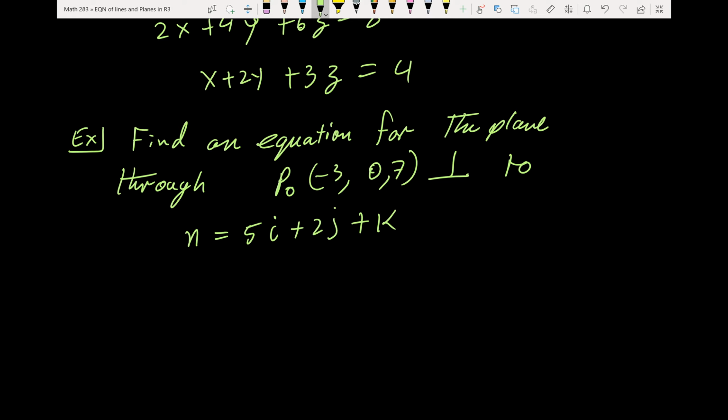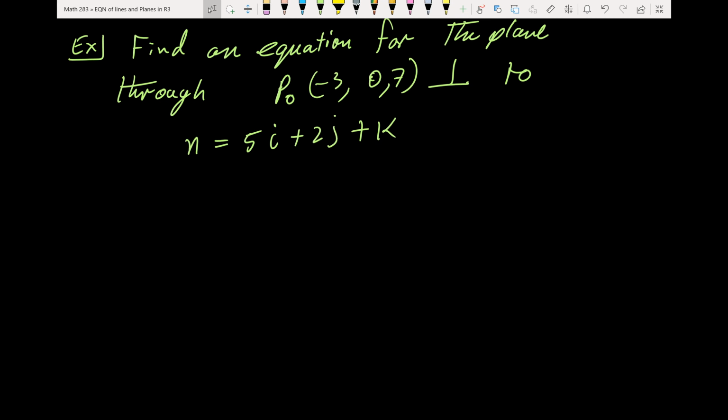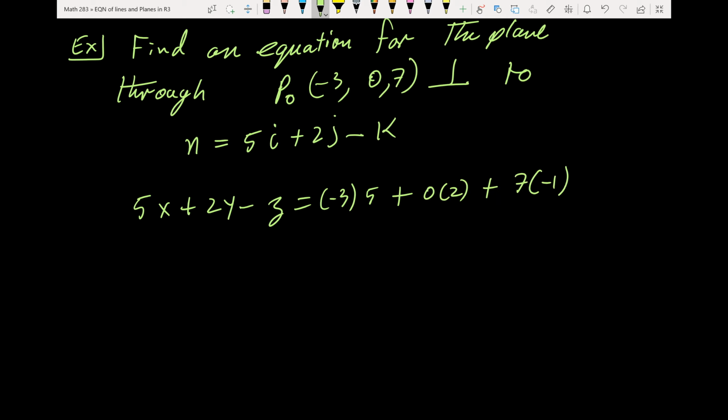You guys got it, Miss Gia? All right, let's look at it. It's super easy. I already gave you the vector. So you have 5x plus 2y minus, wait, what? Oh, that's plus k, sorry. Minus z equals what? Negative 3 times 5 plus 0 times 2 plus 7 times negative 1.